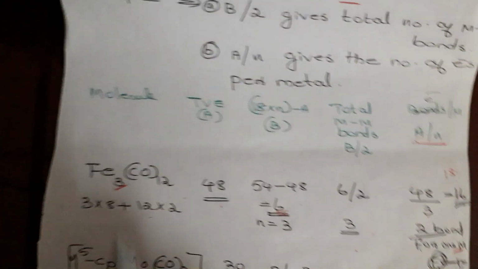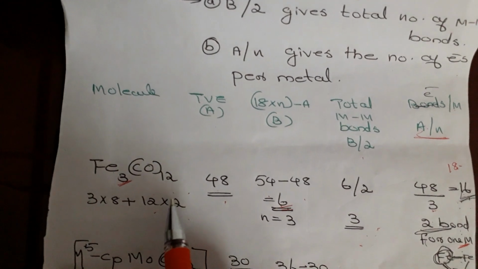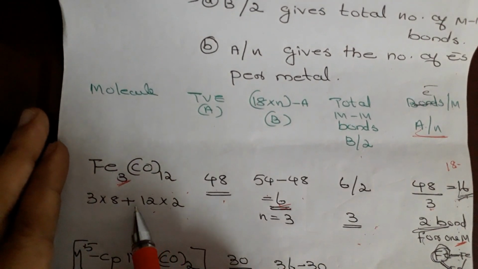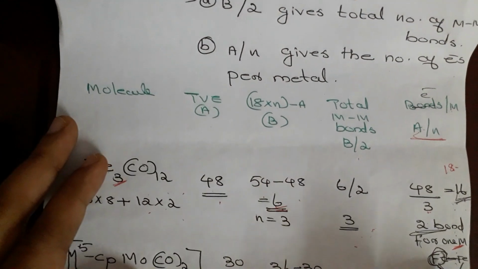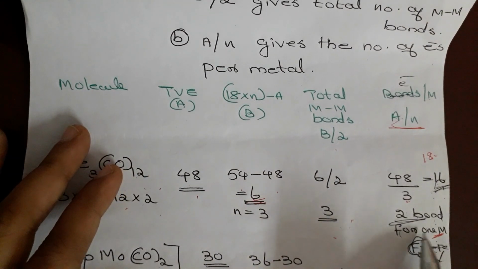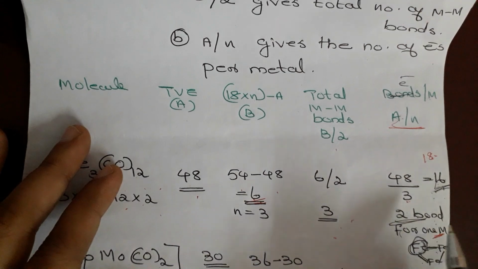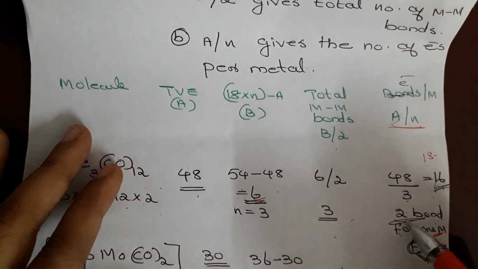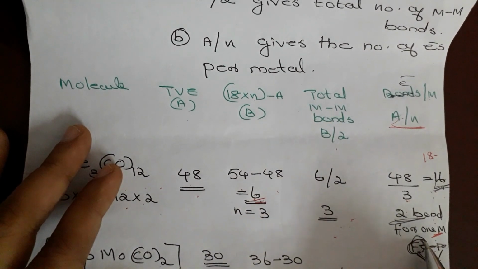For example, here in Fe3(CO)12, if you want to draw the structure, one metal carries 2 bonds. How do you get 2 bonds? 18 minus 16, 2 bonds. So each Fe carries 2 metal bonds, one bond to each other Fe.